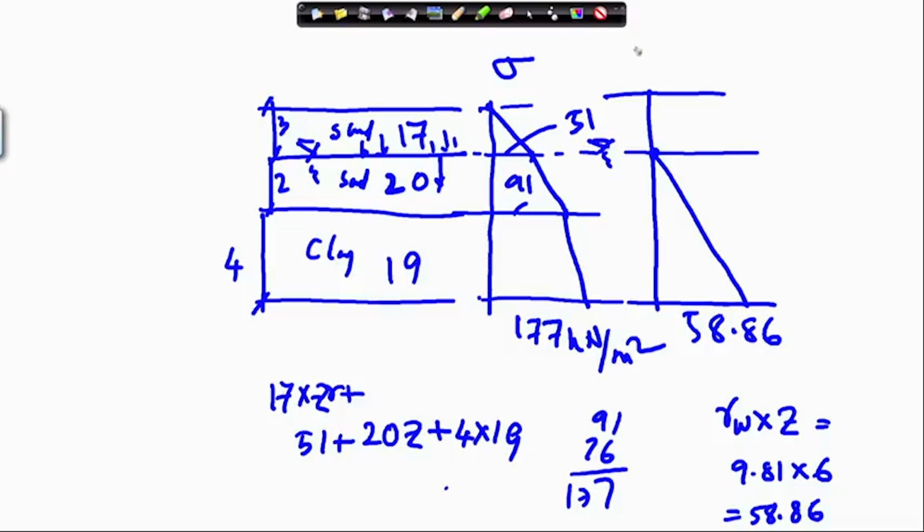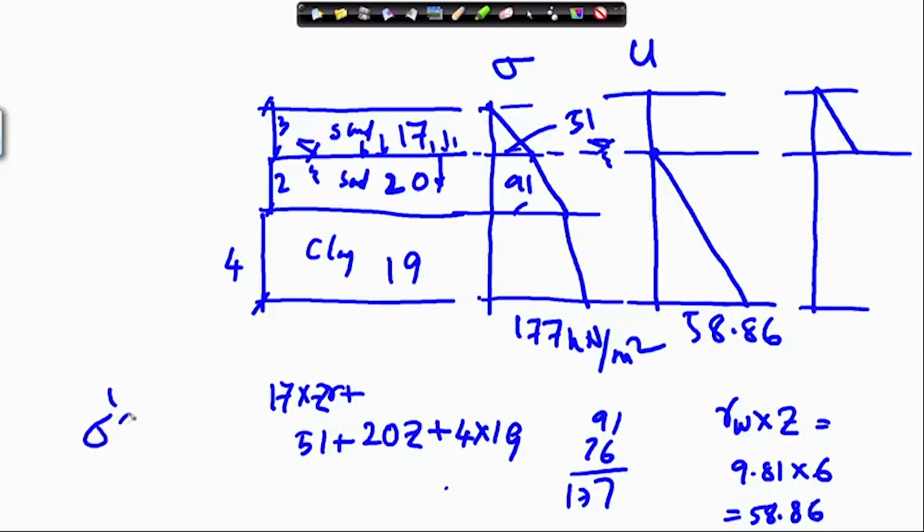So, this is sigma and this is u. Then I will get now the effective stress. Effective stress above the water table, since the dry unit weight is used, there will be no change. So this portion will remain unchanged. When you go below the water table, then sigma dash will be equal to sigma minus u.